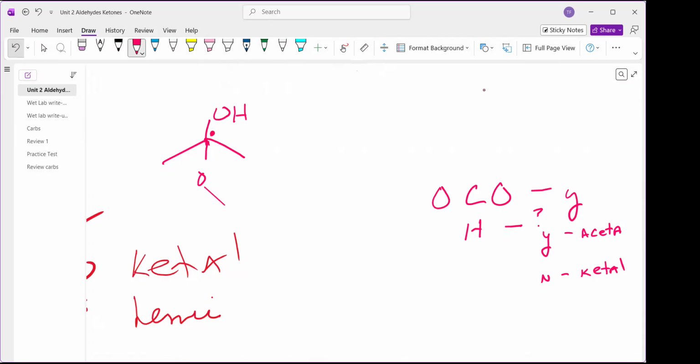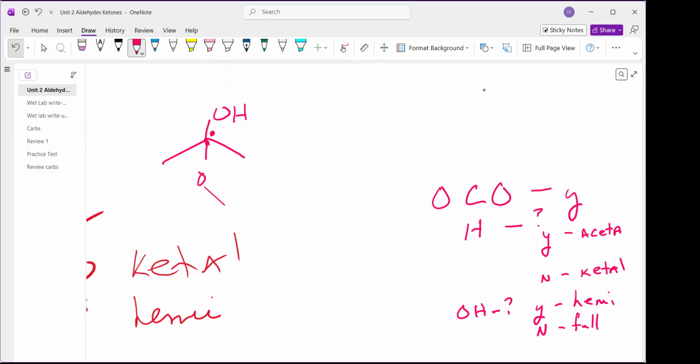If it's no, it means it's a ketal. Now, it could be a hemiacetal or an acetal. Hemi means there's an OH present. So the next test is, is there an OH present on the anomeric carbon? If it's yes, that means it's a hemi. No means it's a full acetal or ketal.